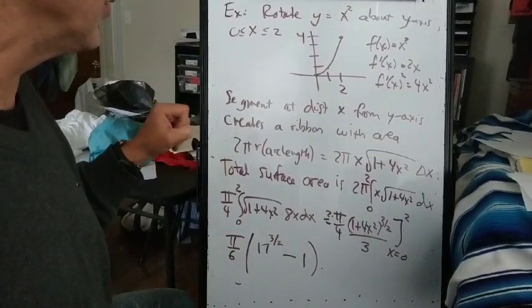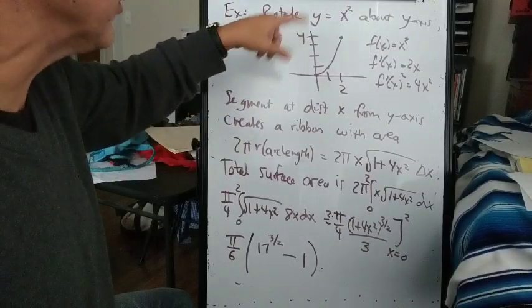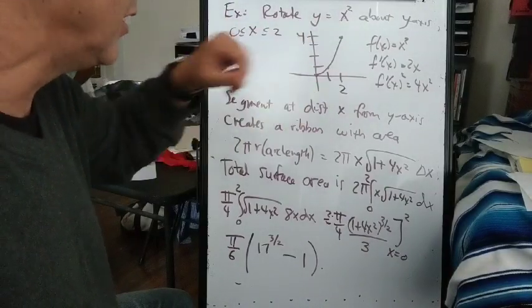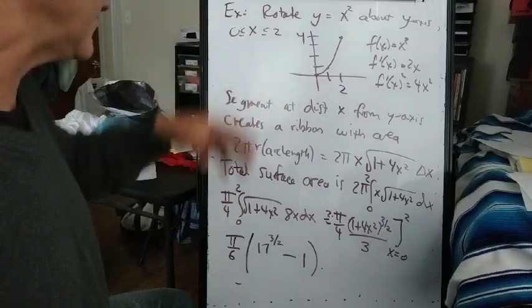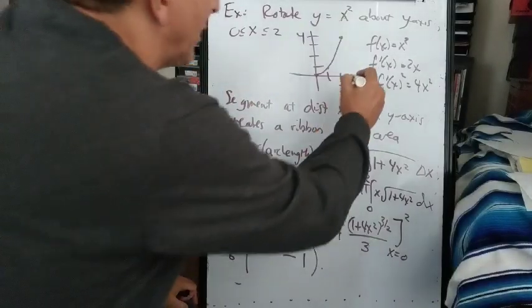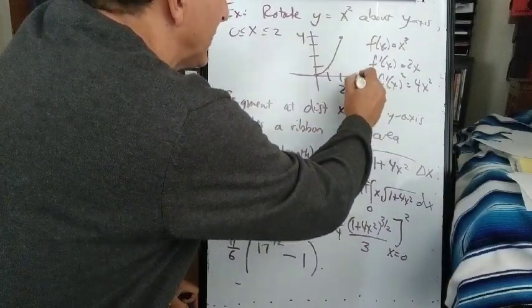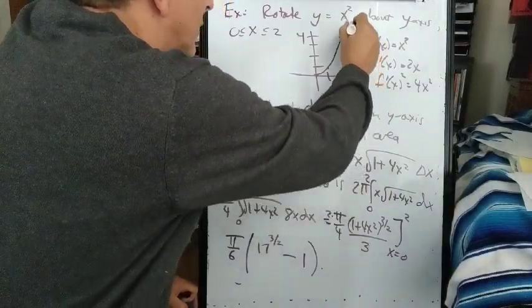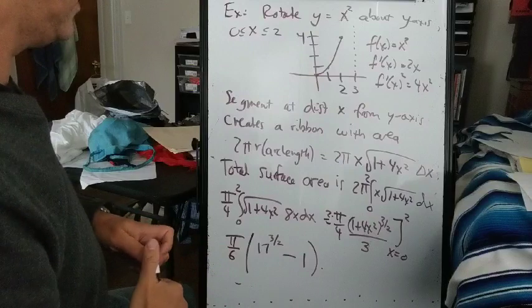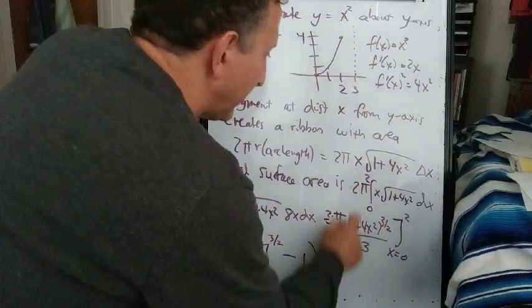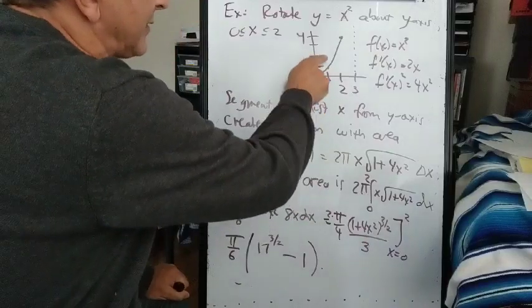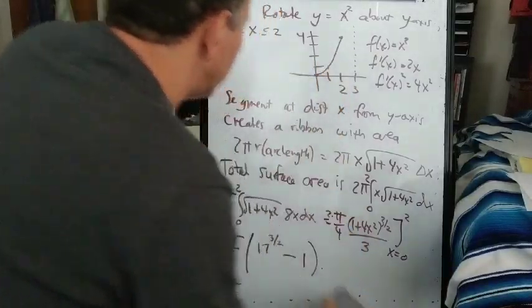Alright, so now let's look at rotating the same arc, y equals x squared between 0 and 2, around a different line other than the y-axis. So let's say we rotate it around x equals 3. Now the radius, rather than being x, is 3 minus x.